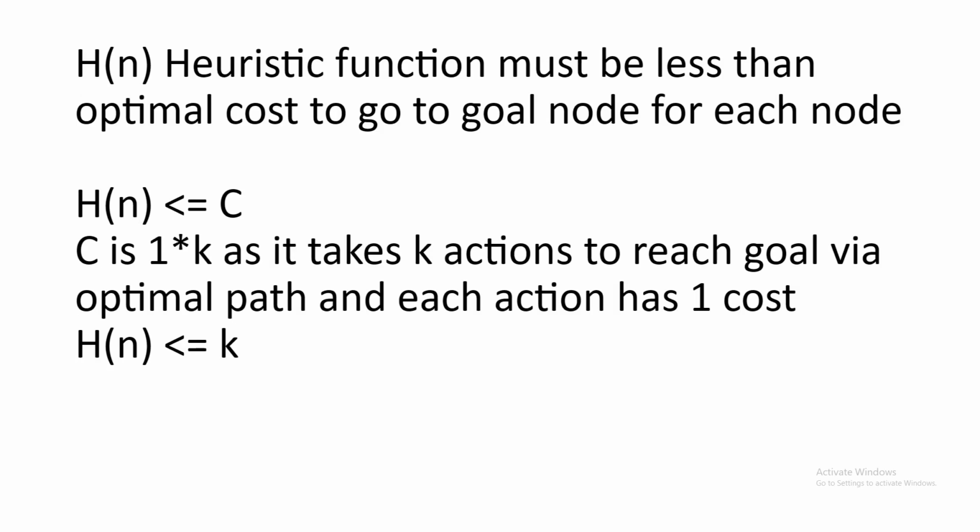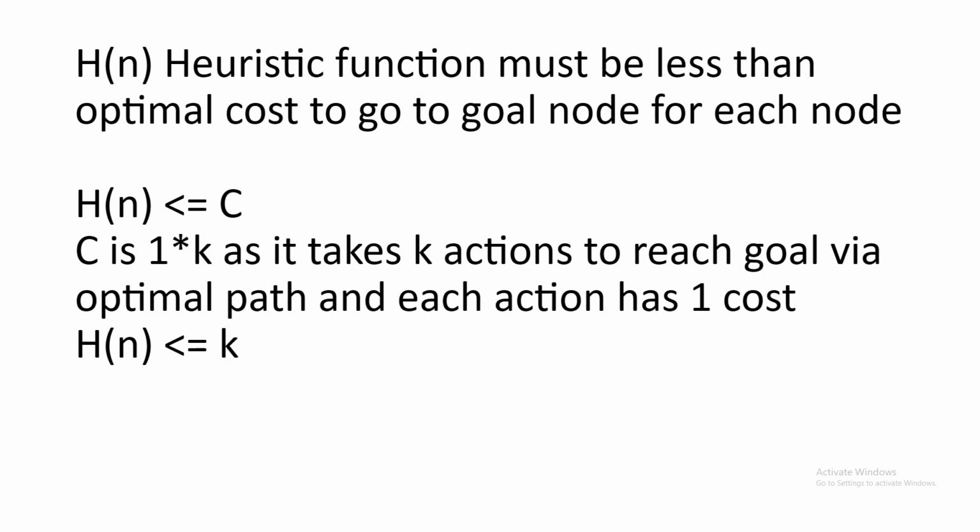Now, what is the definition of admissibility? The definition of admissibility is that the heuristic cost of each node must be less than or equal to the real optimal cost, optimal cost being the cost when we go from the start state to the goal state via the optimal path.